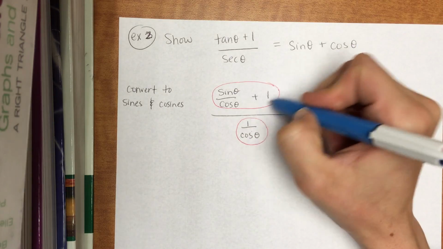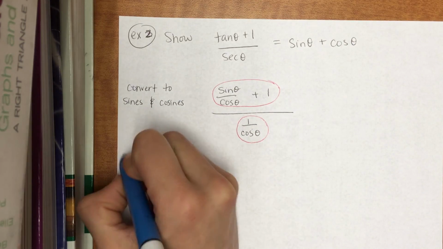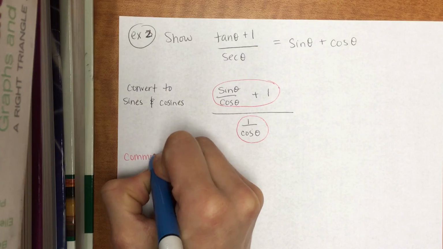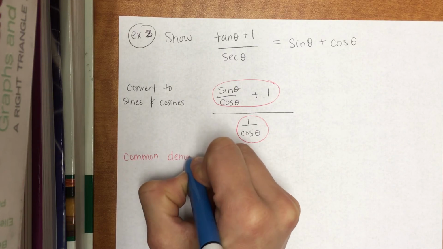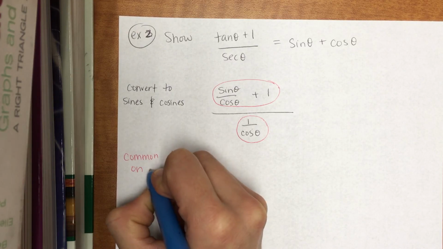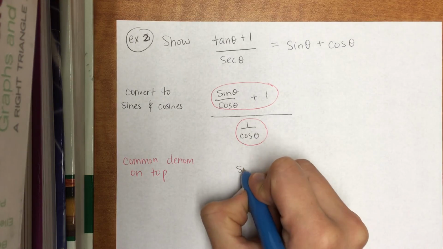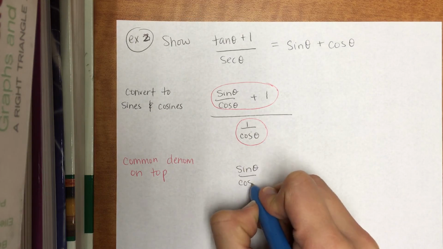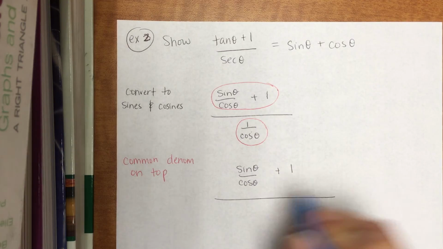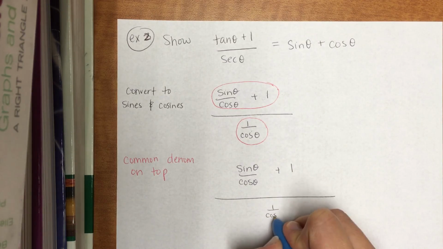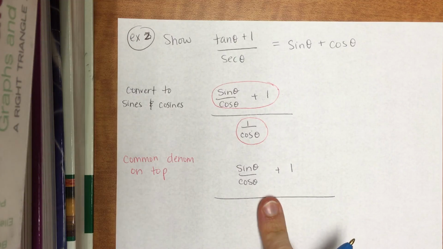So deal with this first. So we can get a common denominator and write that top part as 1 fraction. Okay, so on top I have this sine theta over cosine theta plus 1. I'm just going to ignore the bottom. I'm just going to leave it down there. We're not messing with it.